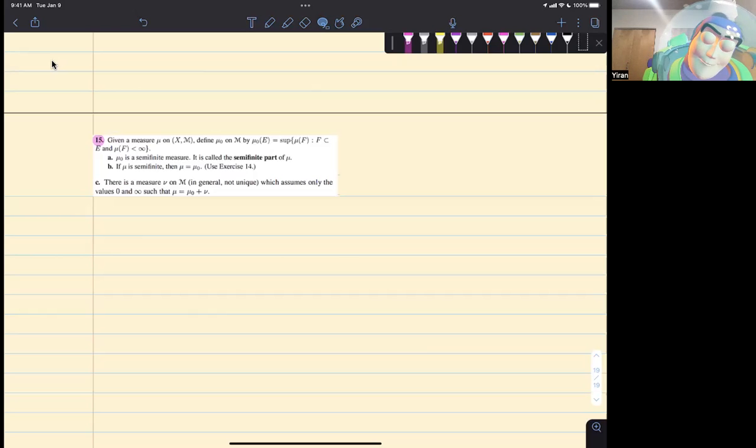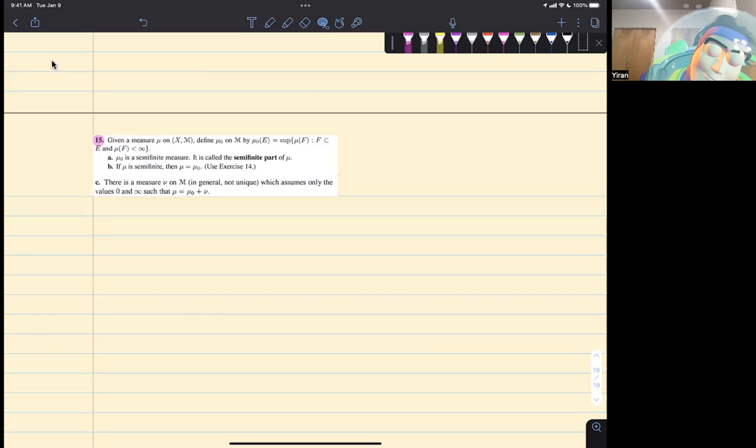So suppose we have this. Notice that this is a supremum over all the candidates where each F is a subset of E and the measure of F is finite.